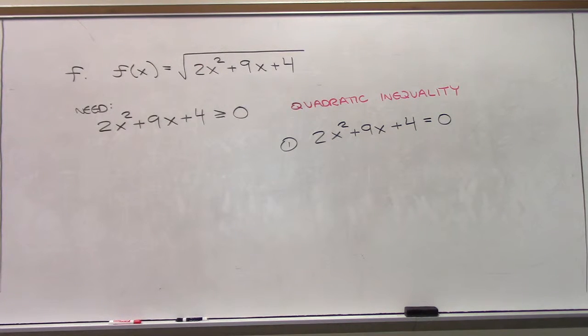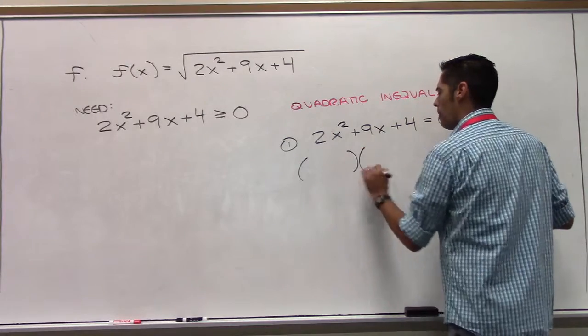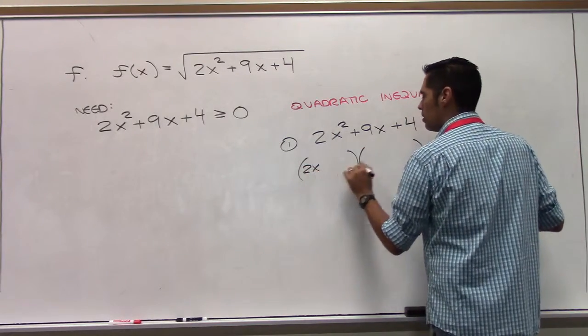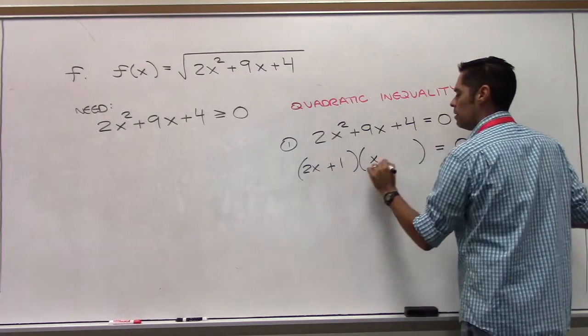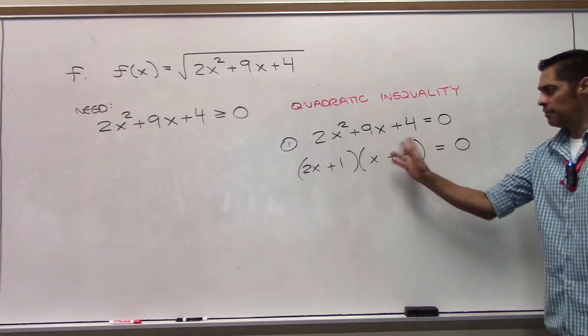And that's a quadratic equation. And that we know how to solve, right? We could either factor or use quadratic formula. In this case, I believe it does factor. I hope it factors. 2x, x, and then plus 1 plus 4. So we get our solutions, our factors.